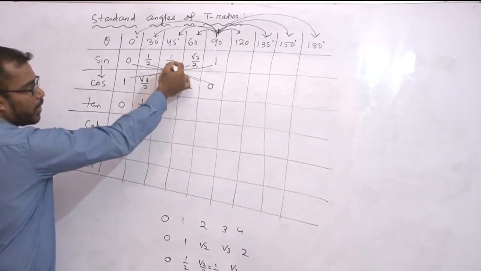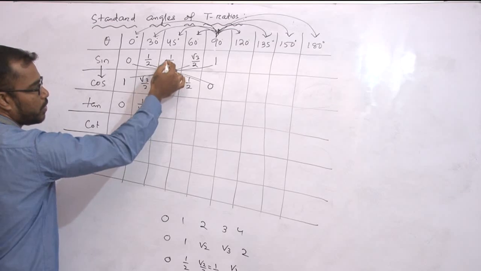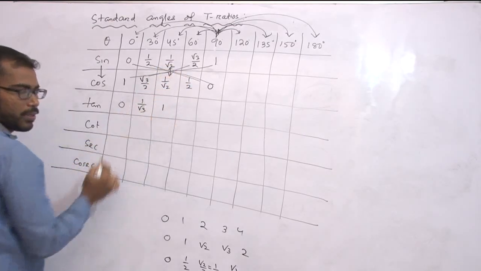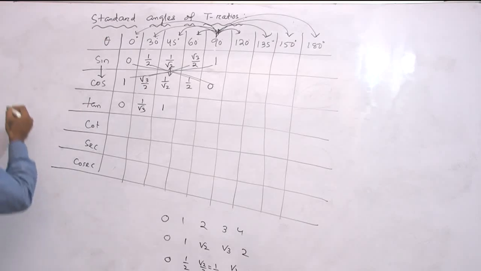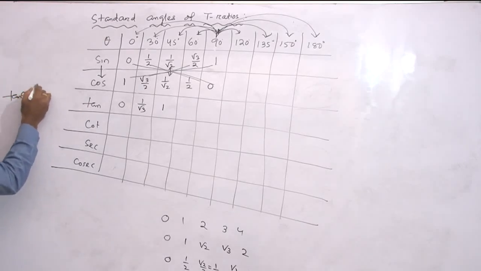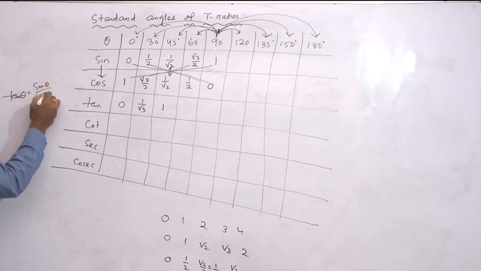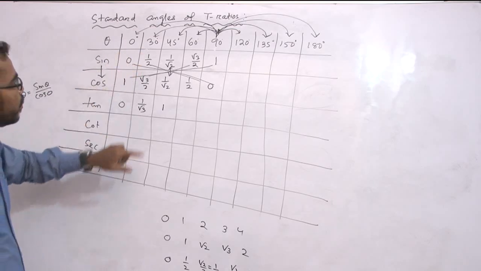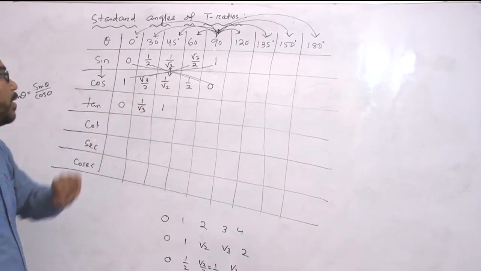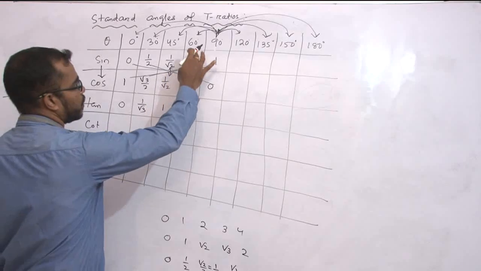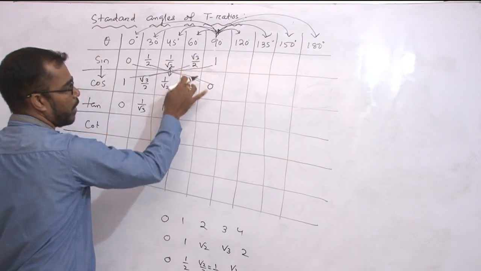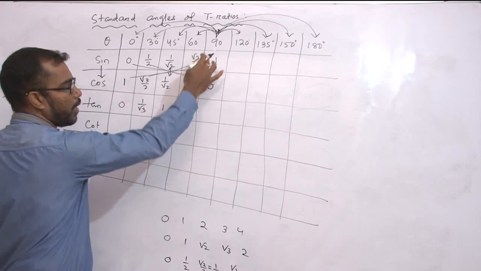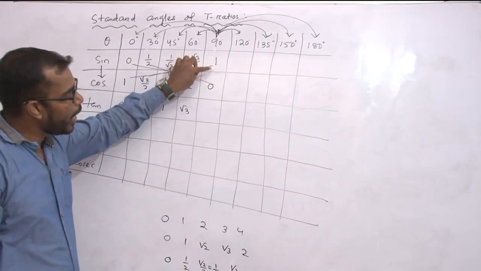For 45, the value is 1 by root 2 divided by 1 by root 2, the same value, so we cancel them and get 1. Similarly, for tan 60, if we divide both values, we cancel 2 and get root 3 by 1, that is root 3. And the next is 1 by 0.